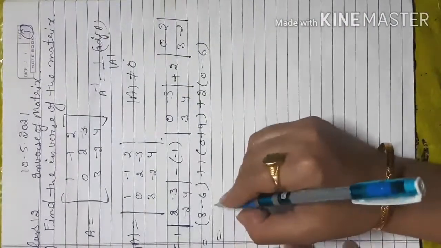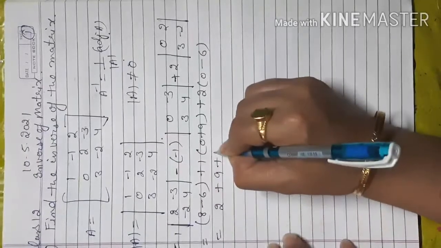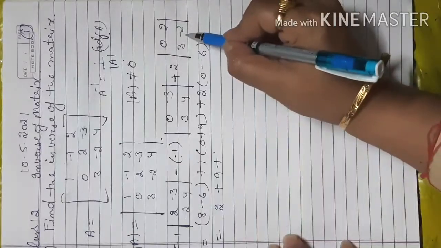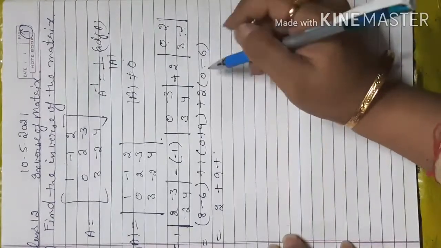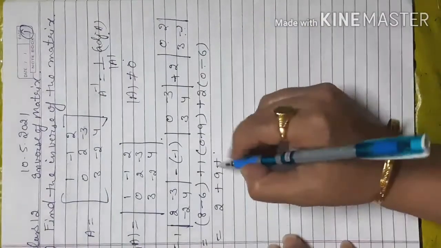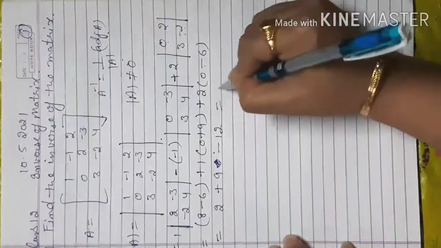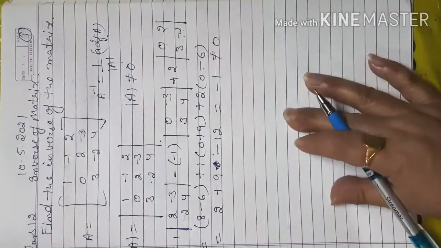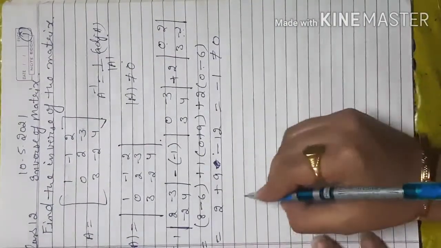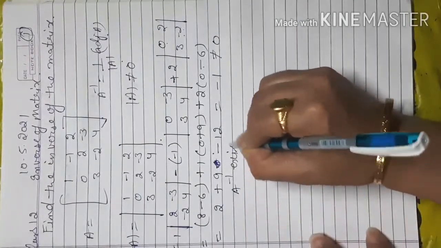When I solve, 8 minus 6 gives me 2, plus 9, and the last one will be 0 minus 6, which is minus 6, times 2, so minus 12. So 11 minus 12 gives me minus 1, which is not equal to 0. If it is not equal to 0, that means A inverse exists and this is a non-singular matrix.